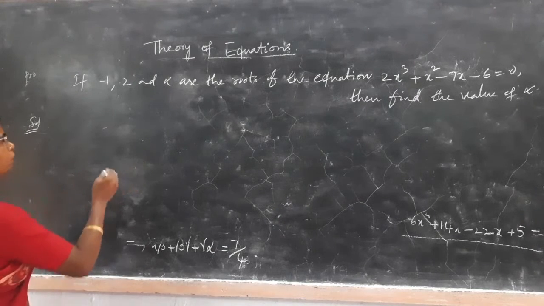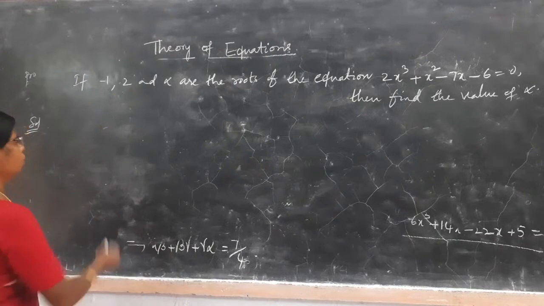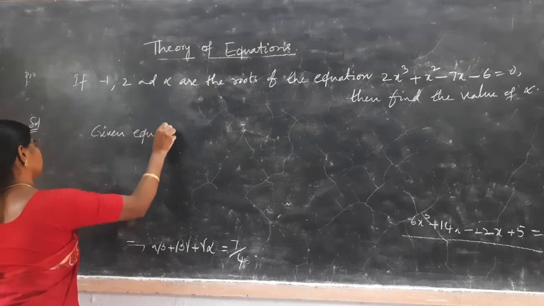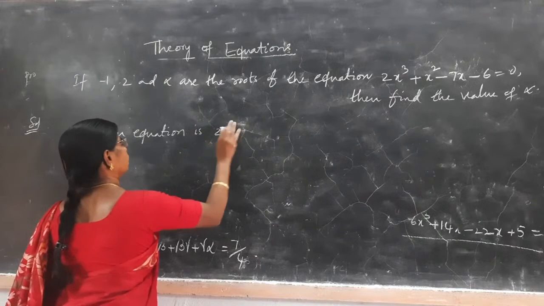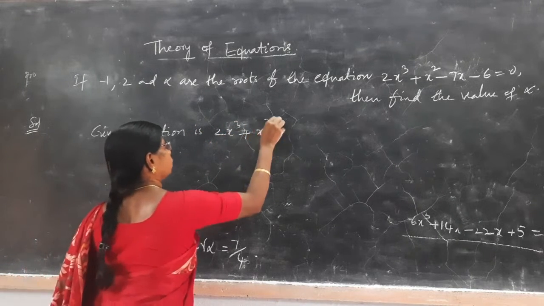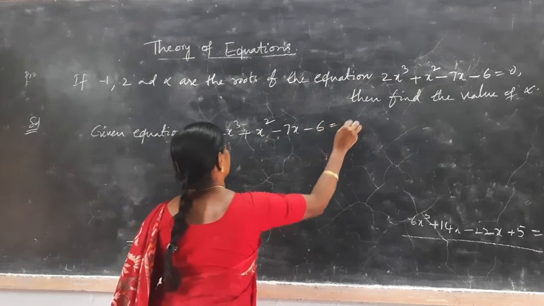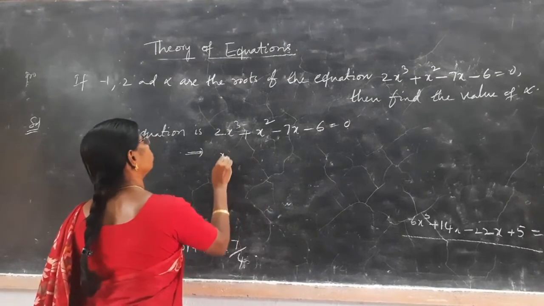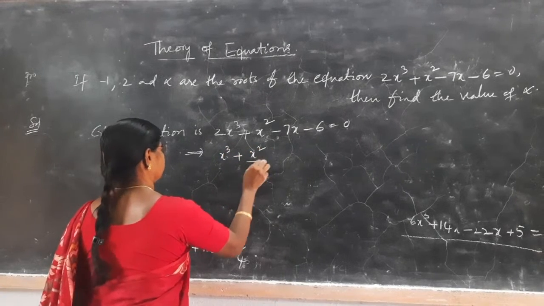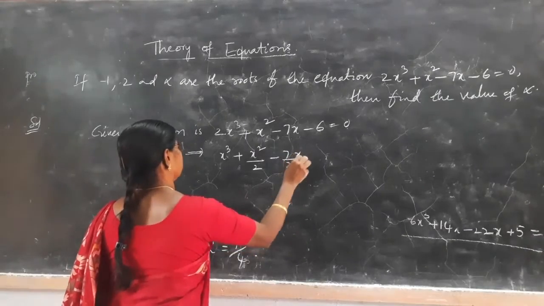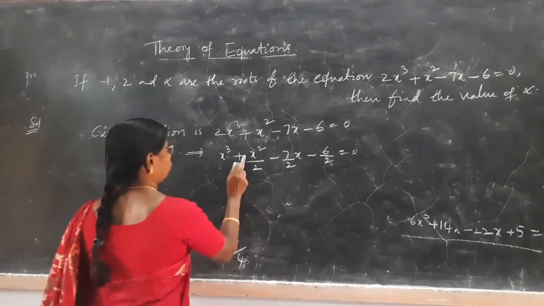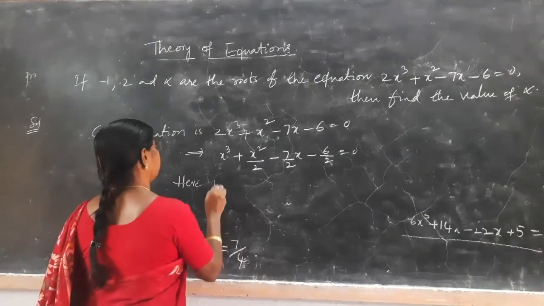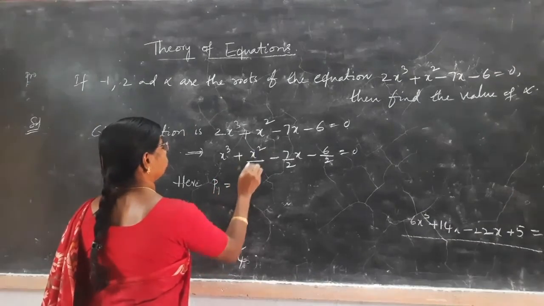So very simple, given roots. Let me write it again as before. Given equation is 2x cube plus x square minus 7x minus 6 equal to 0. This implies, so as I always said, we must write it as a monic polynomial. Divide by 2. So here P1, tell me what is P1? P1 is equal to 1 by 2.